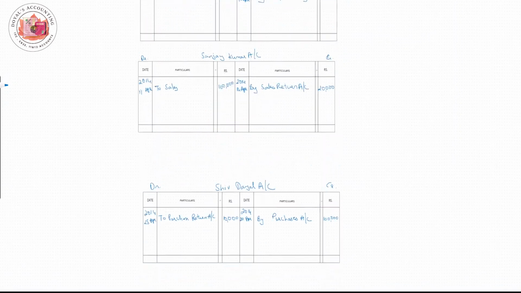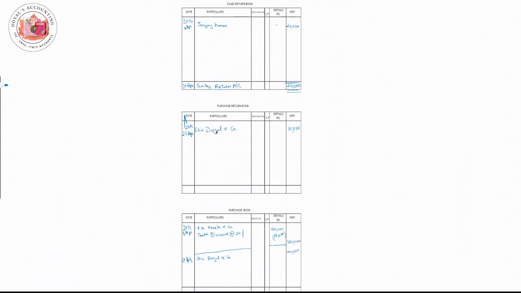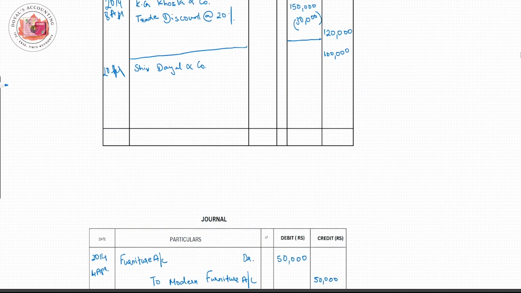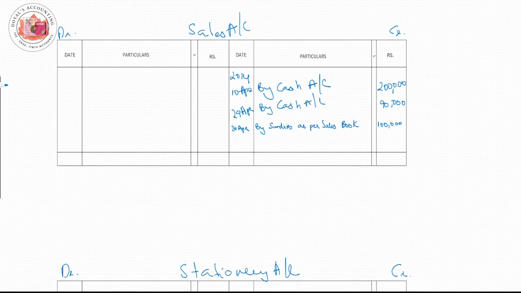Okay. Now what is the next one? Purchase return book. Okay. So 30th April, purchase returns account, 10,000. This I will record in my purchase return account.